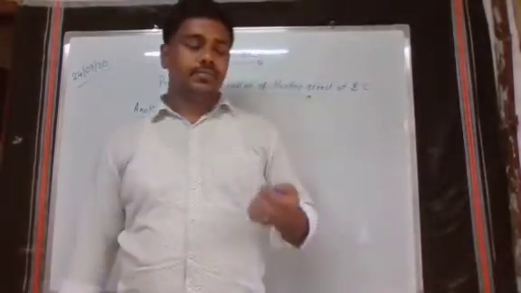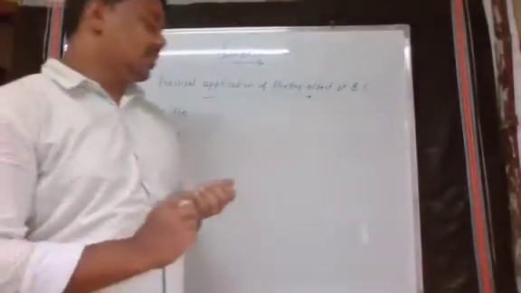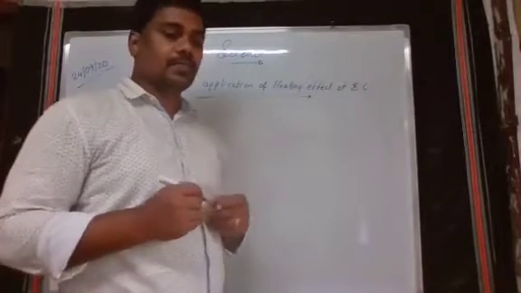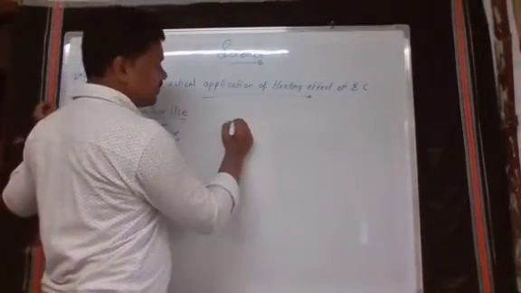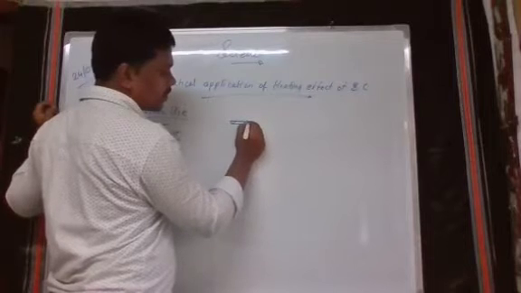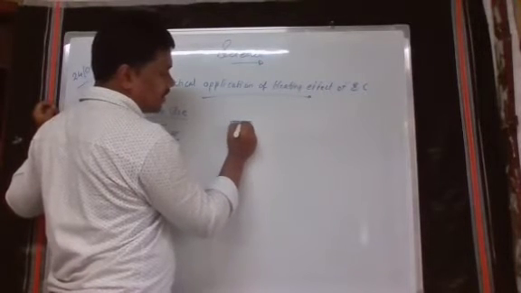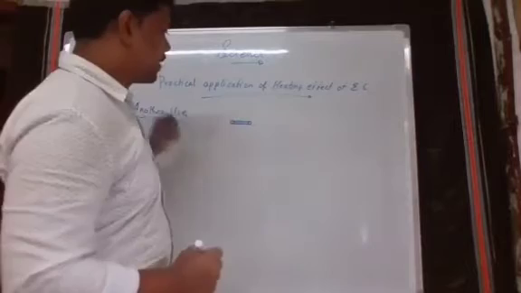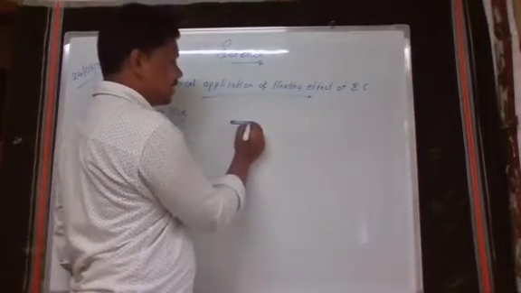And what does it contain? Commonly, a fuse will be like this. Two metal edges will be there, and a thin metal wire will be there.